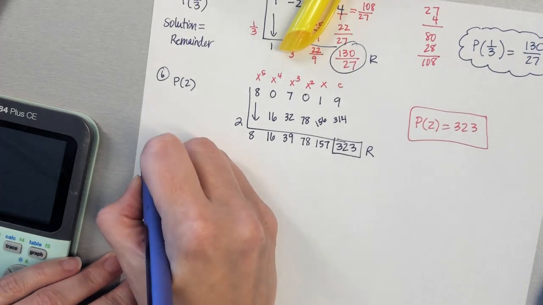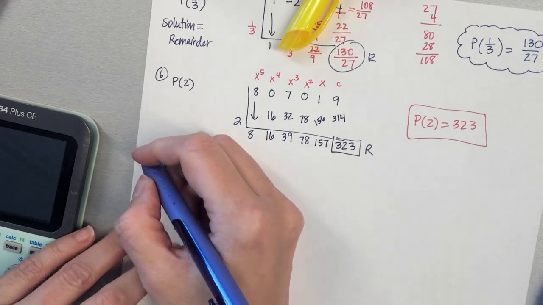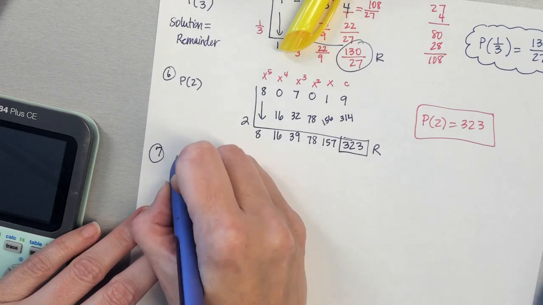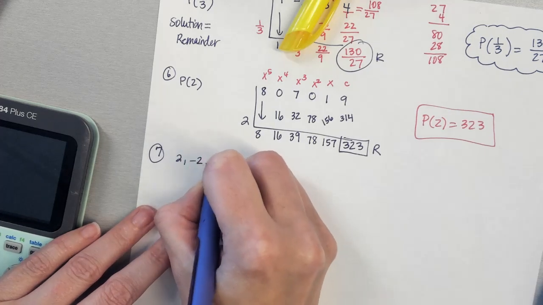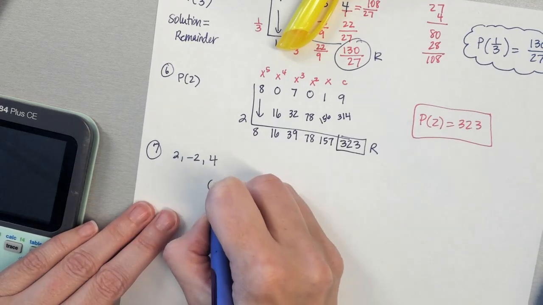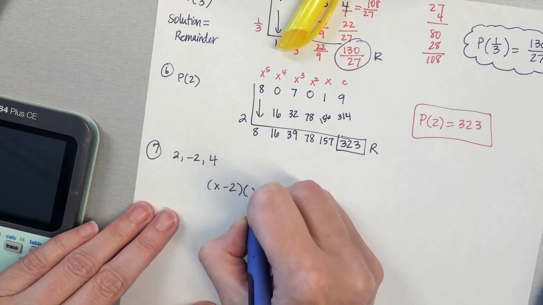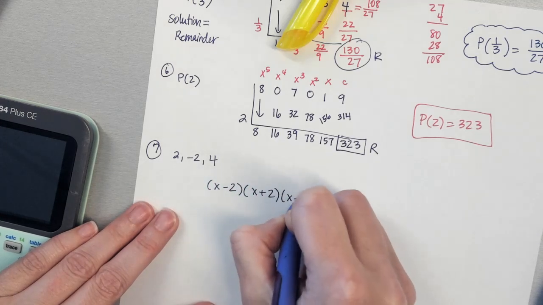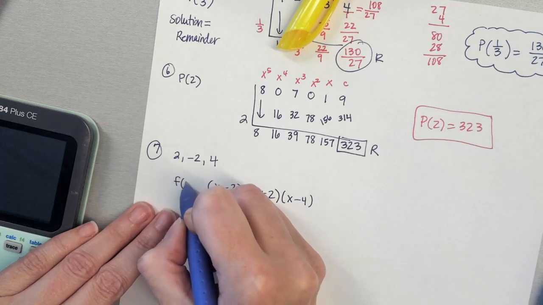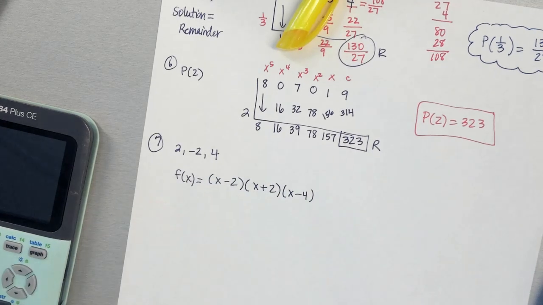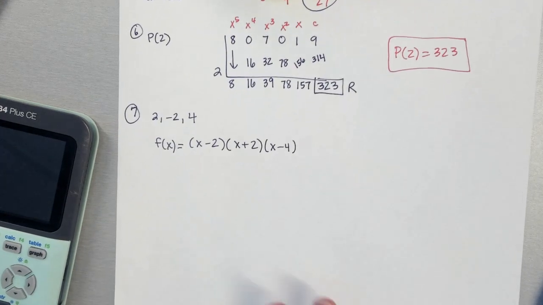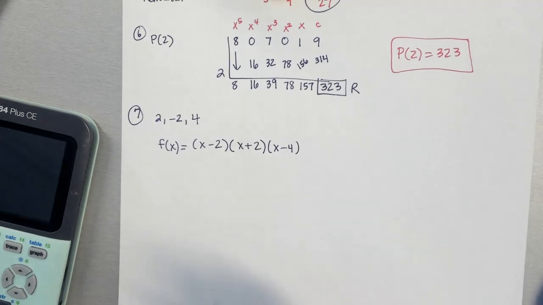All right, and then for 7, find a polynomial of degree 3 with the given terms. You are going to write those in factored form. Your polynomial, you can call it f of x, you can call it p of x. And then you're just going to FOIL.